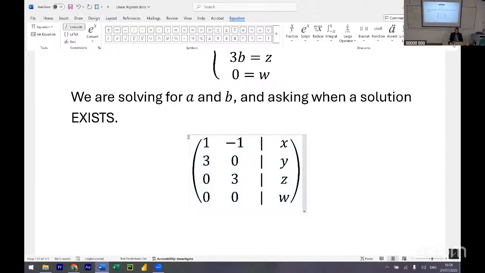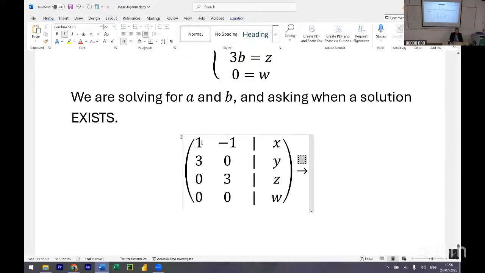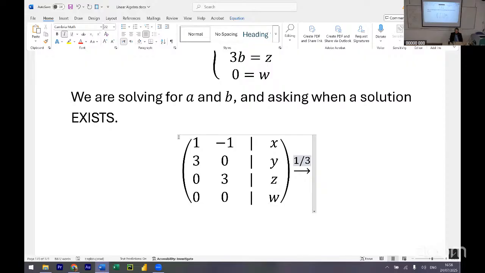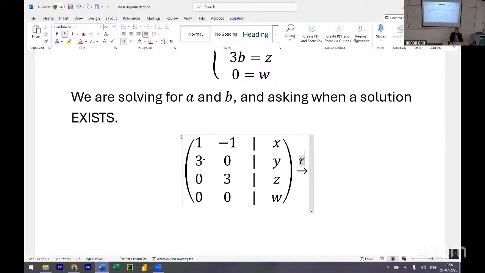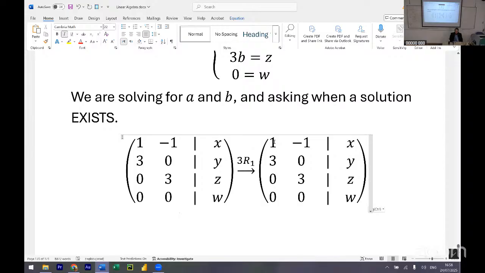reduce it. I'll multiply the first row by 3. It's a bit unorthodox, but it will leave me without fractions.